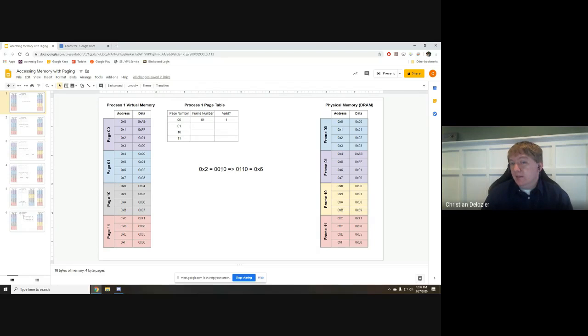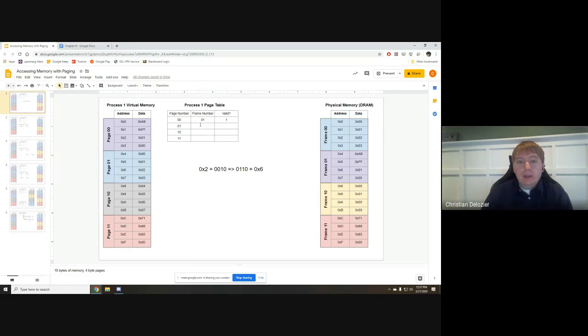So we've translated from the bit address 0010, which is 0x2, to the new bit address in the frame, 0110, which is 6, and that gives us the same data in physical memory, right? By swapping out those first 2 bits, we're able to go from the virtual page to the physical frame that we were hoping to find.